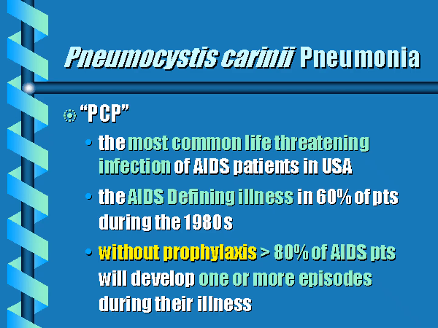Now, without prophylaxis, greater than 80% of AIDS patients would have developed one or more episodes during their illnesses. So this was one of the things that the AIDS patient had to be also treated for, this PCP pneumonia, that our immune systems in normal healthy individuals winds up taking care of automatically.